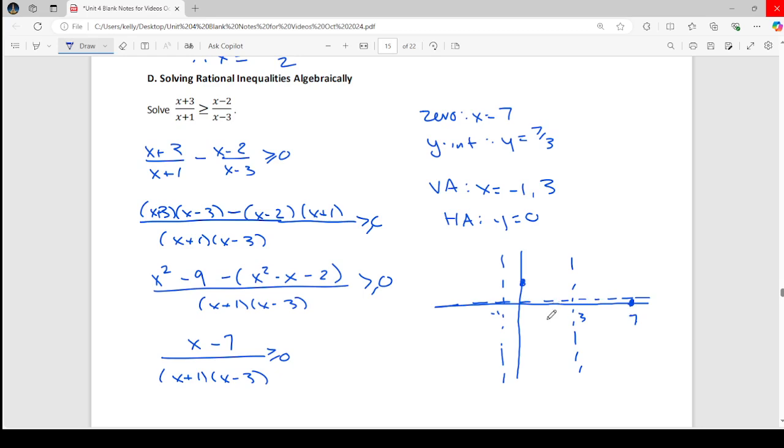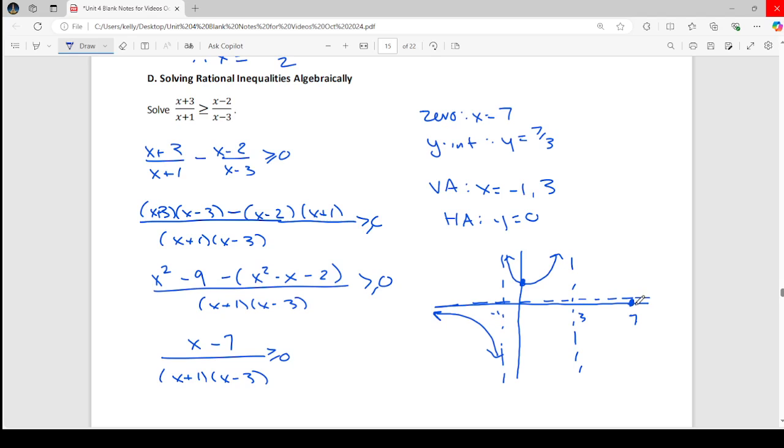Okay, so this one's looking rather strange. I'm going to definitely come in like this. Over here, I'll have to test something. So like at negative 2, that will make negative 9 over negative 1 over negative 5. So that becomes negative.